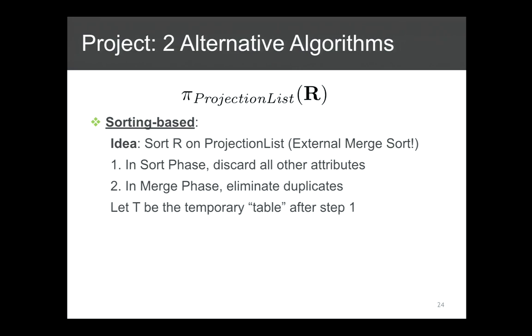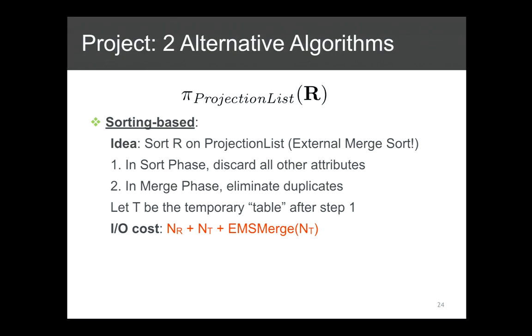So what is the I/O cost? Let T be the temporary table that you write out after step 1. That's the size of R with the non-projected attributes being discarded. Then the I/O cost is NR to read R, NT to write the temporary file after the sort phase, and the EMS merge phase cost for NT. The EMS merge cost is the same expression you saw in the sorting topic, which has that logarithm of N prime to the base f.